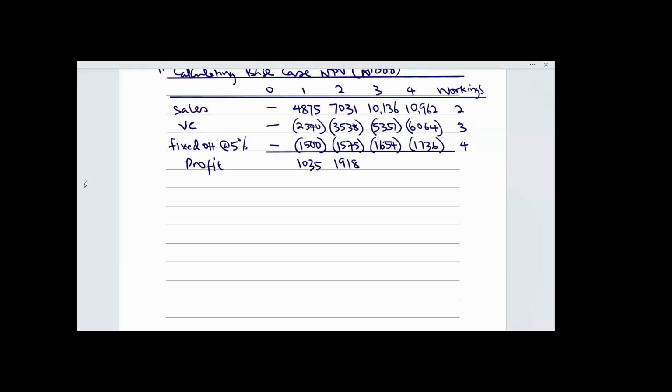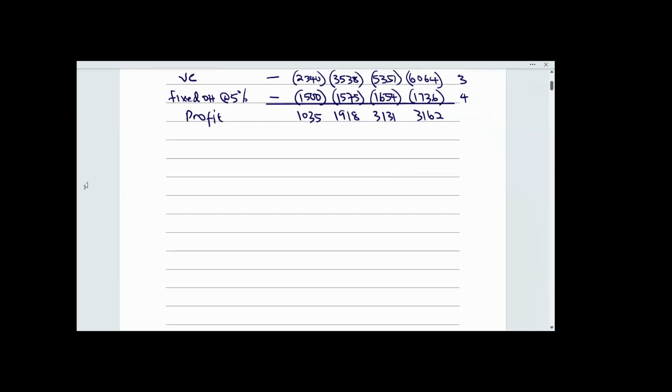Then 3,162. So these are taxable profits for the relevant years.